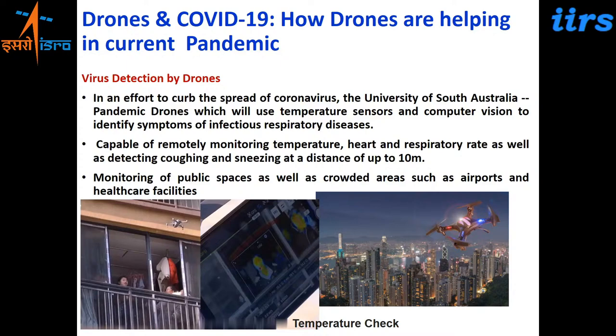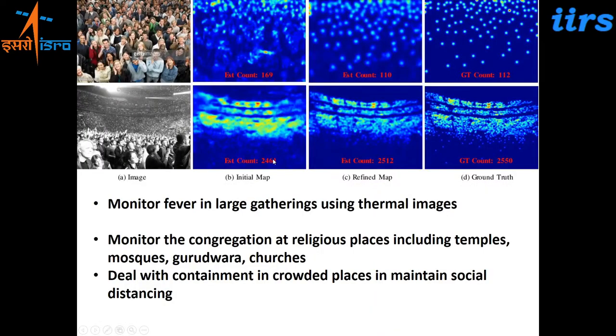They were used all across India and other places for crowded areas such as airports and healthcare facilities. So this is how, from a remote distance, using artificial intelligence, thermal images and optical images, one can find out the anomalies in the temperature. So wherever there are anomalies, one can easily detect those.